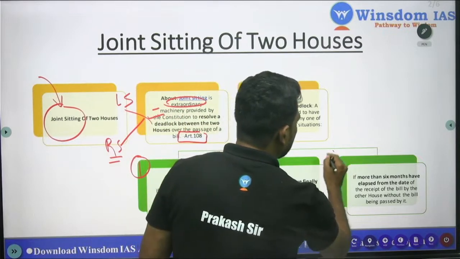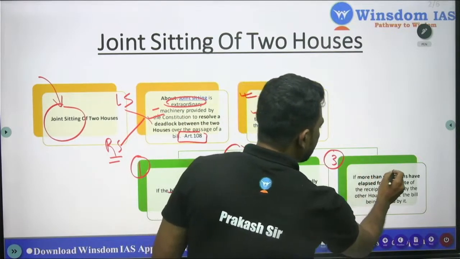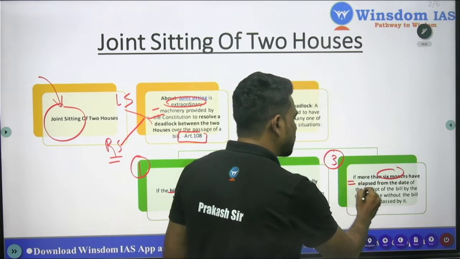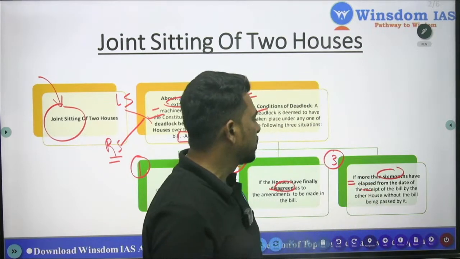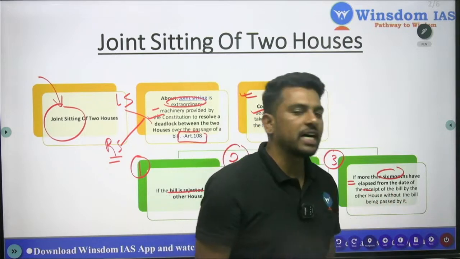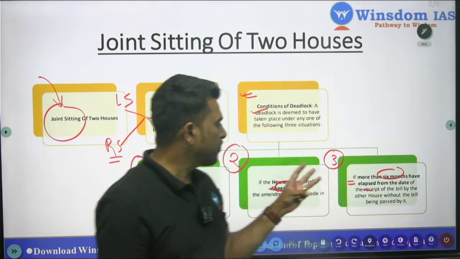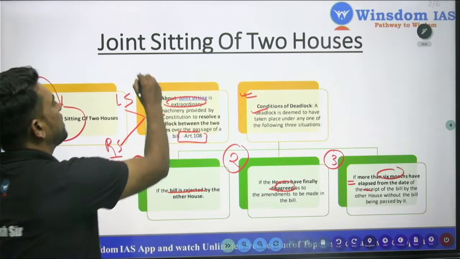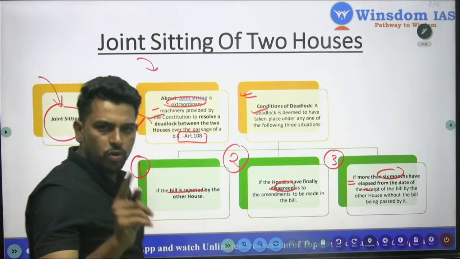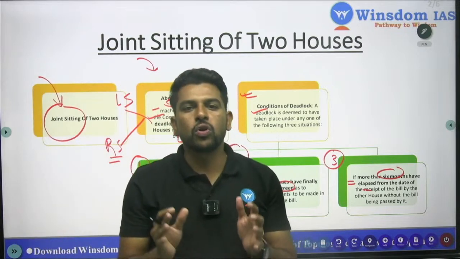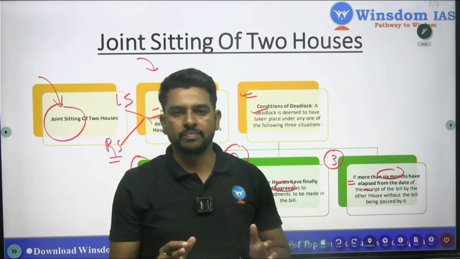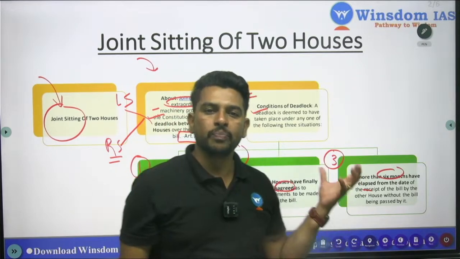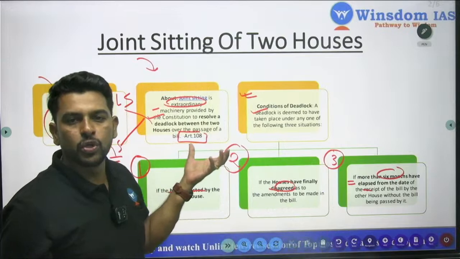And the third reason is if more than 6 months have elapsed from the date of receipt of the bill by the other house without the bill being passed by it. So these are the three reasons. On the basis of that, the most important point is who calls the joint sitting, and the answer is the President. The President has power to call for the joint sitting of the two houses.